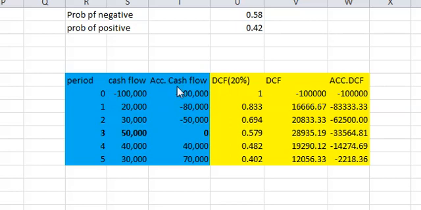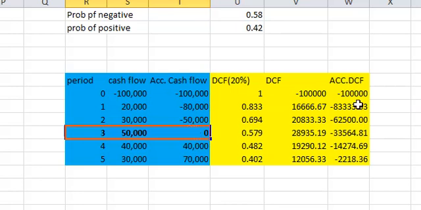You begin with the initial investment plus cash flow in year 2, you get this. Then this accumulated plus the cash flow in year 2, we get this. Then this plus this, we get 0. So this project, if you use the normal payback period, will cover the initial investment in year 3.